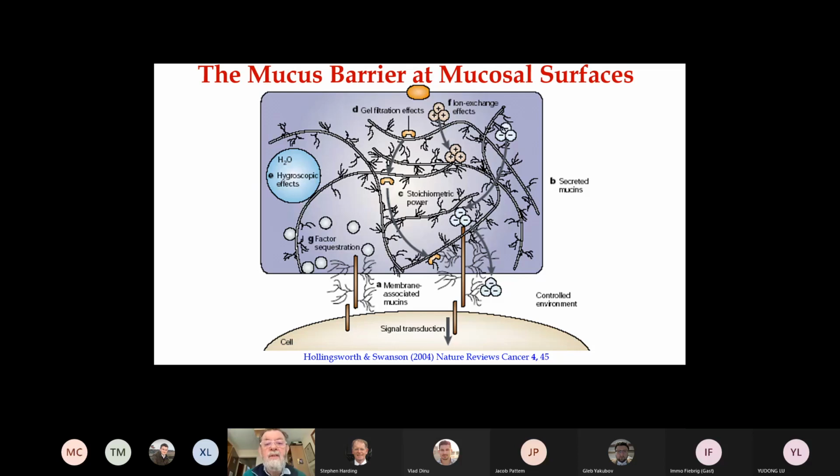That means that the proteins that are present have a range of different glycan structures, and these are repeated quite often. So there are a number of different glycan structures available for binding of all sorts of components that are in that gel layer.